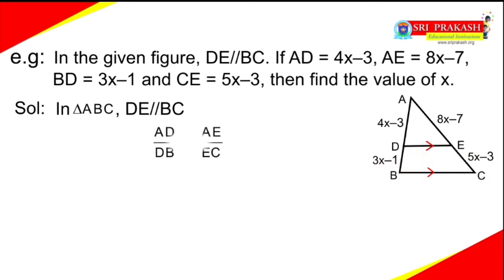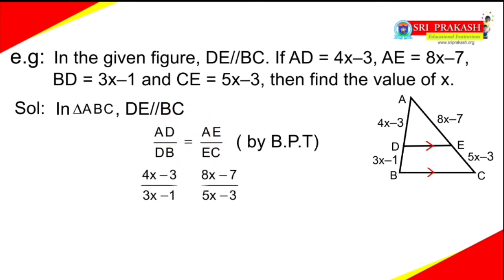We know that AD by DB is equal to AE by EC by BPT. Now, let us substitute the values of AD, DB, AE and EC in this equation.